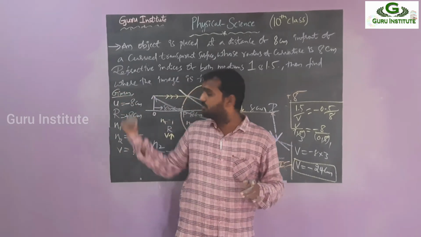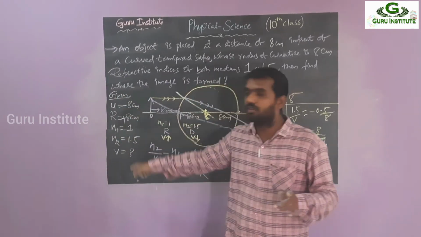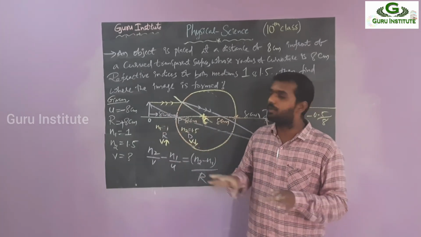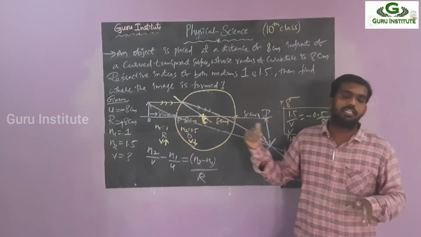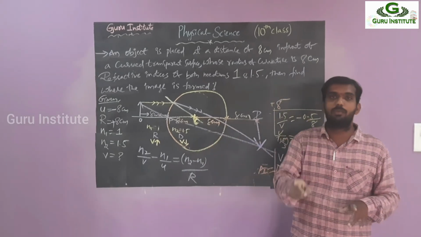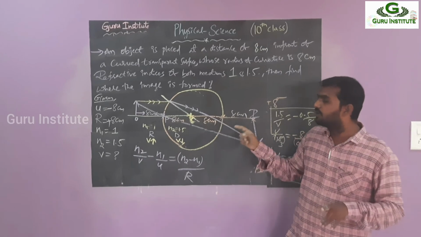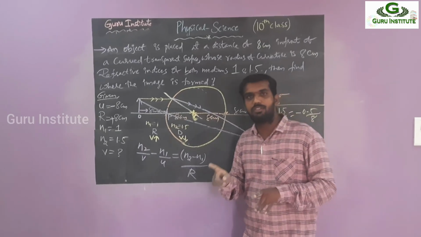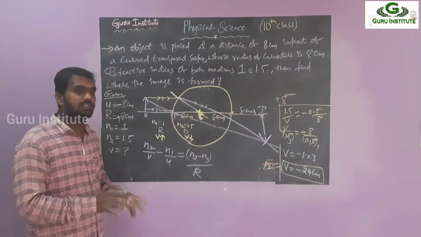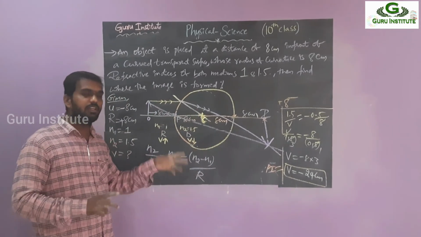Then use the sign convention, plus or minus. Then write the suitable equation and substitute. Whenever substituting, for unknown terms there is no need to apply the sign convention. Substitute clearly, take care about the minus sign, do the simplification, and compare with your rough diagram. If it is correct, it is correct. If there are any mistakes, cross check it and redo that problem.